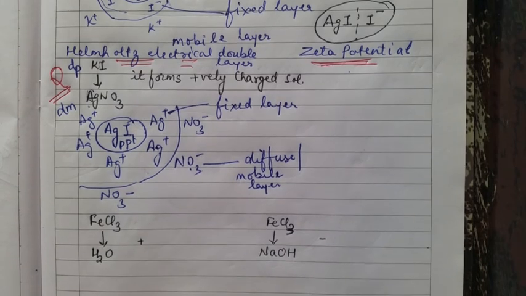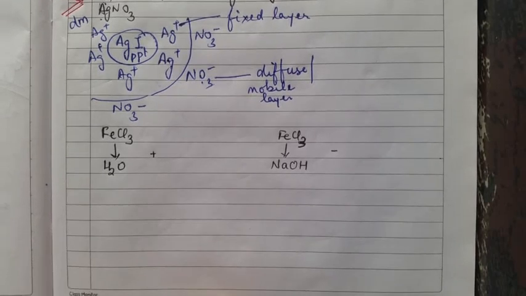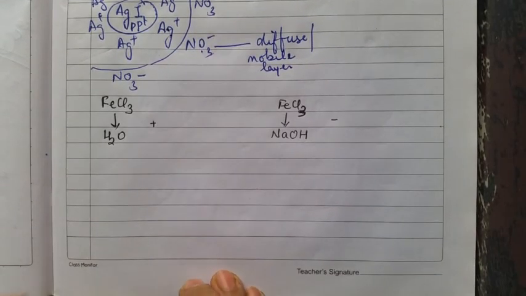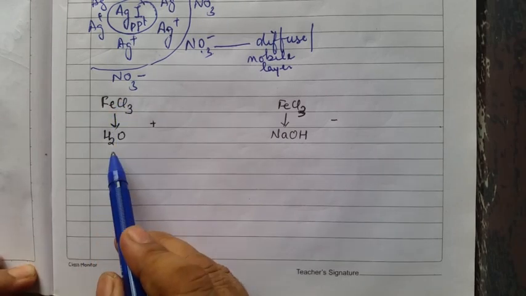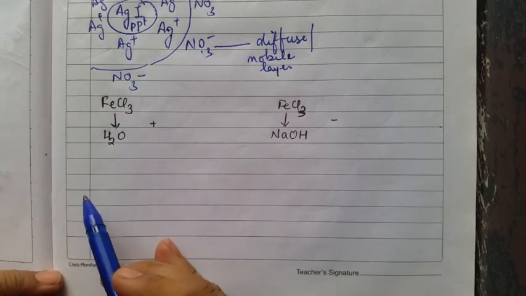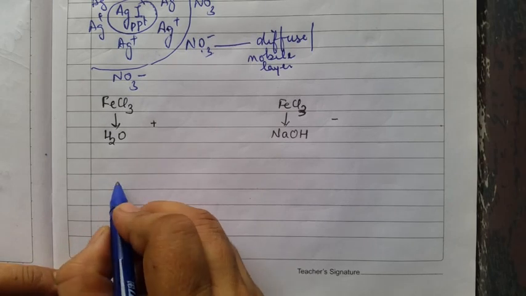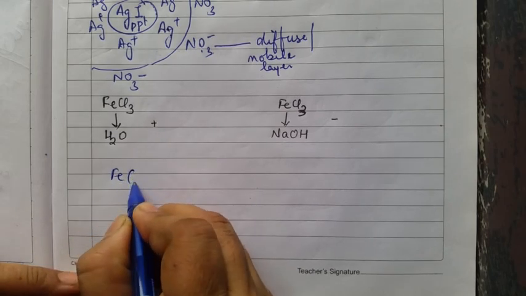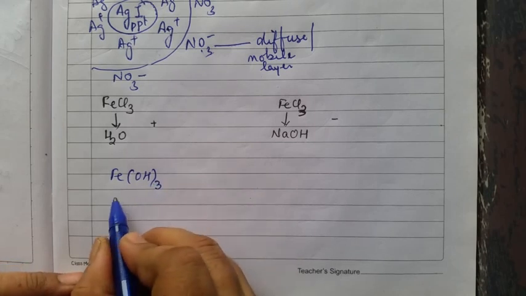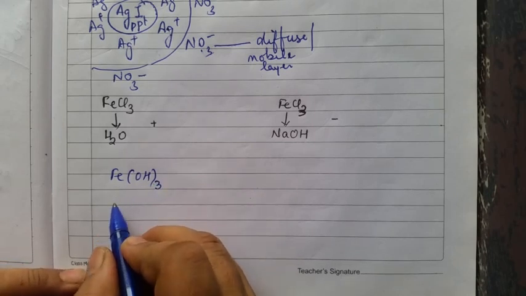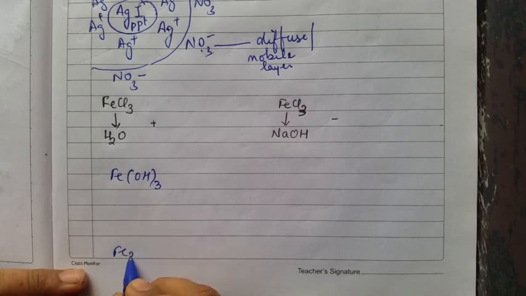Now, another question we are taking. If ferric chloride is added to water, positive charge appears. Why? Because the precipitate will be ferric hydroxide. Instead of ferric hydroxide, children, in some books they write Fe2O3.xH2O.